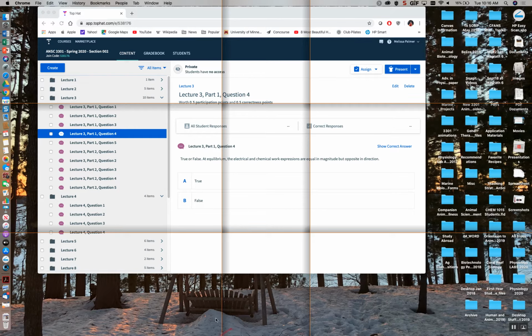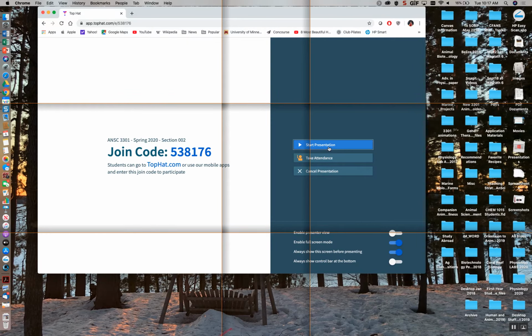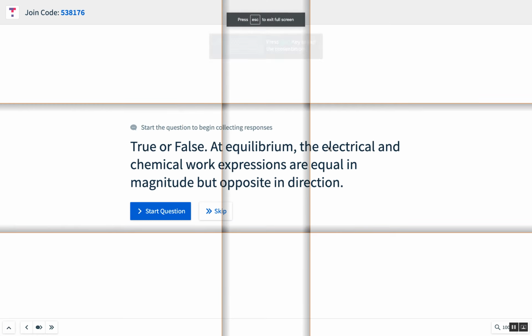All right, so let's start with this one. This is just to see how everyone's doing from last week's material. True or false: at equilibrium, the electrical and chemical work expressions are equal in magnitude but opposite in direction.